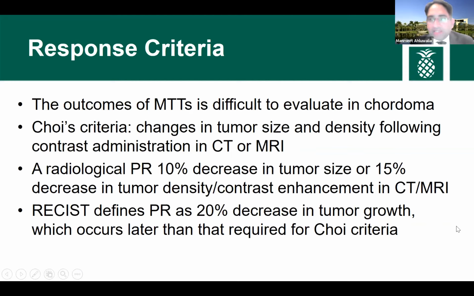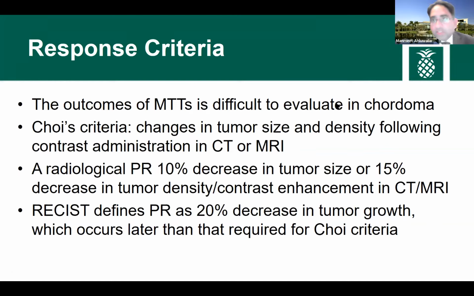So with that, one of the challenges in looking at the response criteria is because it's all over the place. One of the common criteria that is used is the CHAW criteria, where there are changes in the tumor size, but they also look at density. And a radiological PR is defined as something that's 10% decrease in tumor size or a decrease in the tumor density.